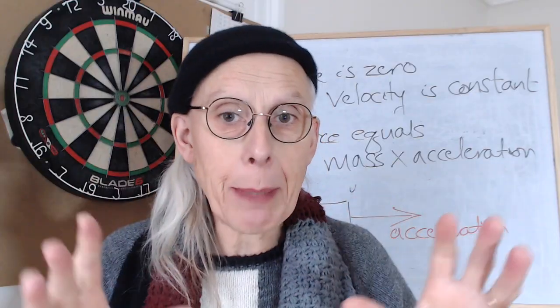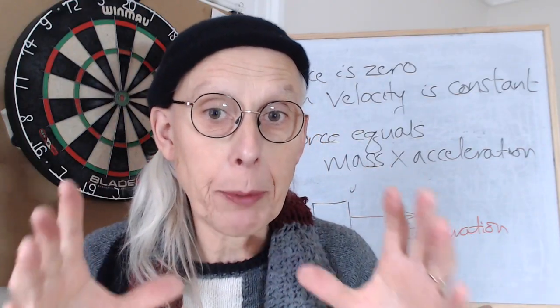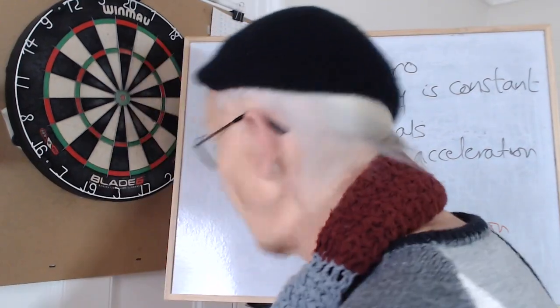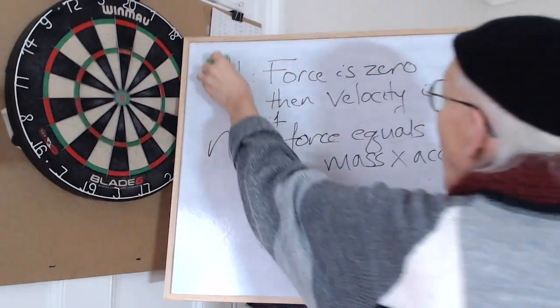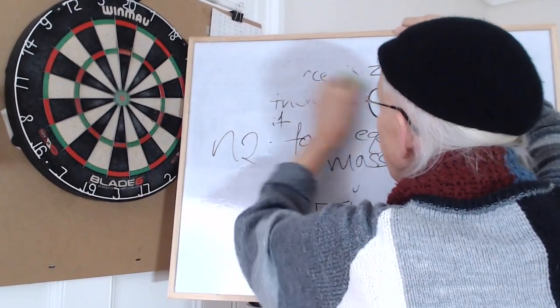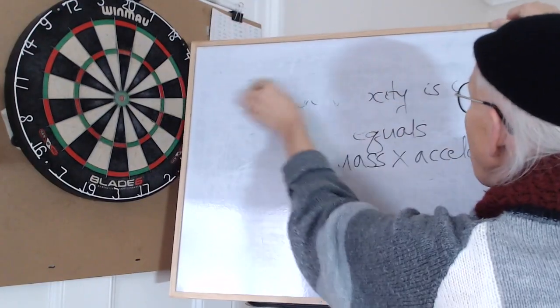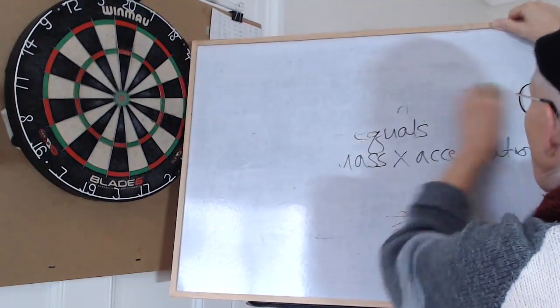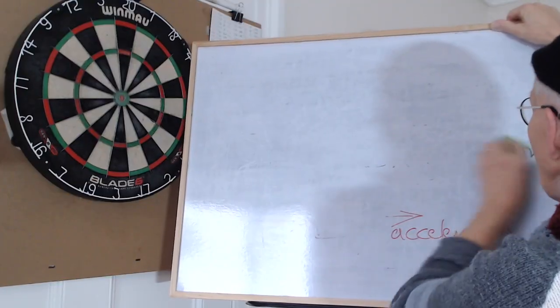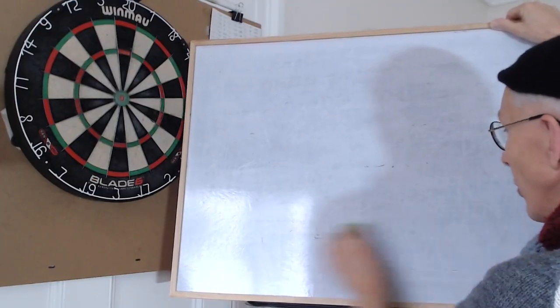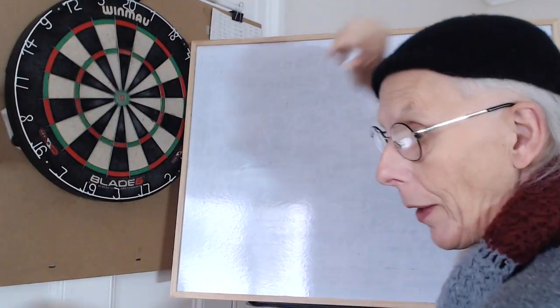Now that's quite abstract, but let's now apply it to our beloved darts, all right? Let's get rid of all of this. Because when we start talking about darts back on Earth, we need Newton's first law and we need Newton's second law. And why is that?